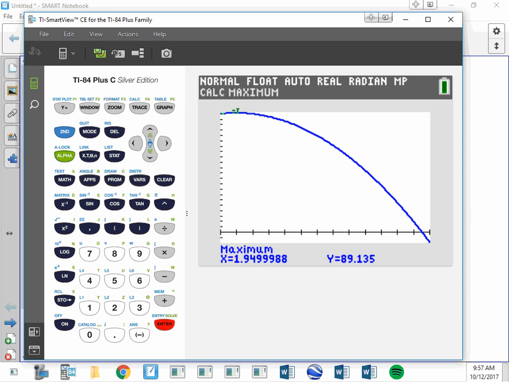So 1.9499999. Can I assume that's a mistake? It probably is. Let's do trace 2, 89. What did the y value say before? 0.135. So actually, it is 1.99. Okay, that was a really dumb question.